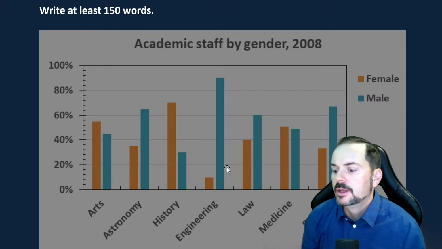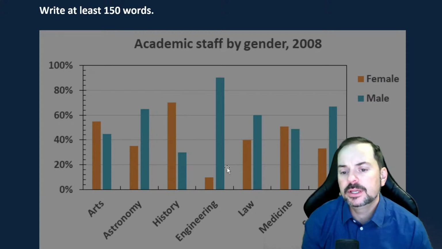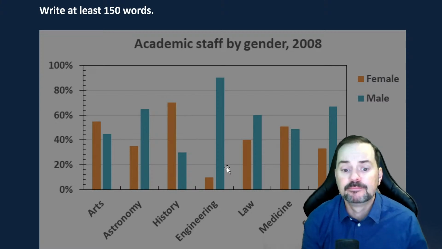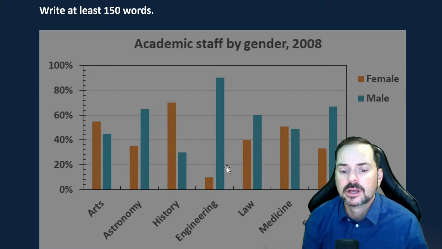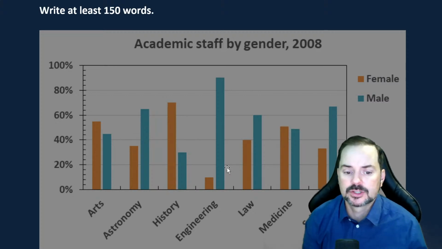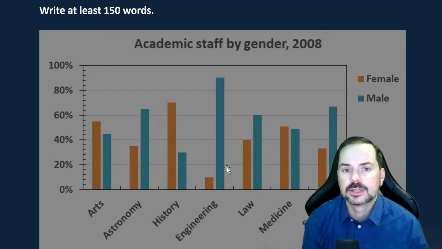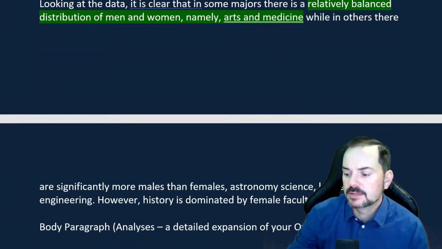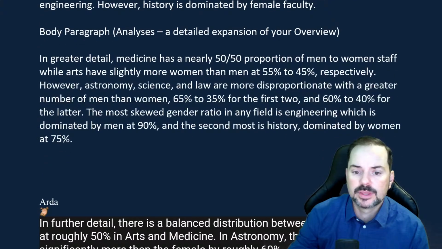So what can we learn in summary here based on these 7 majors, or these 7 fields of study: arts, astronomy, history, engineering, law, medicine? We can learn something interesting here, and we can summarize that. Let's see if you picked up on this the same way that I did.